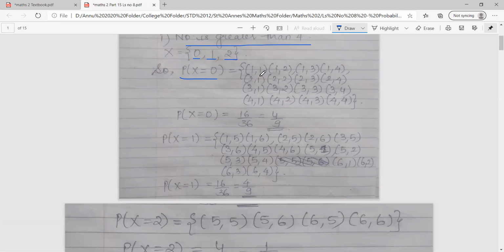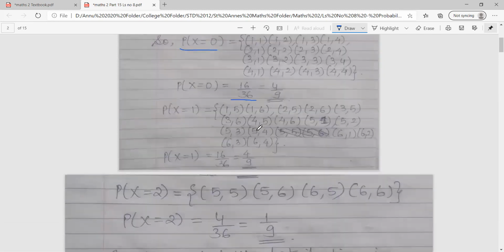So you can see I have taken the numbers 1, 1, 1, 2, 1, 3, 1, 4, 2, 1, 2, 2, 2, 3, 2, 4, 3, 1, 3, 2, 3, 3, 3, 4, 4, 1, 4, 2, 4, 3, 4, 4, which gives me 16 numbers. So probability, the formula you know, n of A upon n of S. So 16 upon 36 gives you 4 by 9.